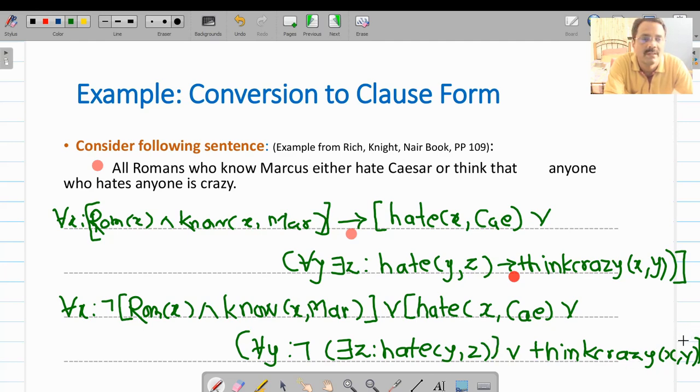Complete the parenthesis. So that's how after applying step number 1 your statement will look.